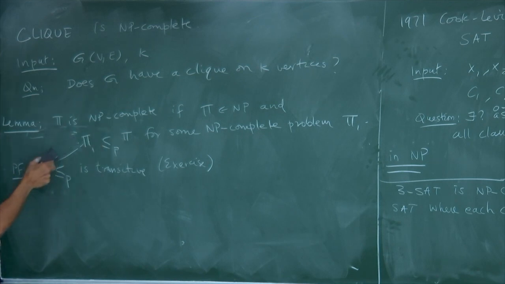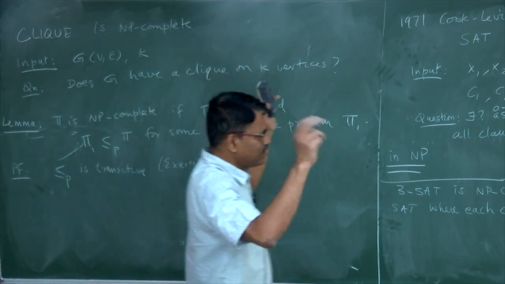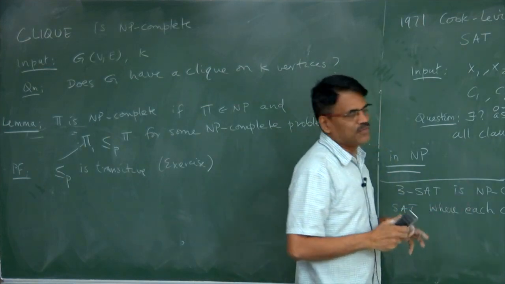So, to show this is NP-complete, first I have to show it is in NP, and I have to reduce from a known NP-complete problem to this problem. The direction is always very important. What do we mean by NP-complete? Intuitively, we mean that it does not have a polynomial time algorithm.